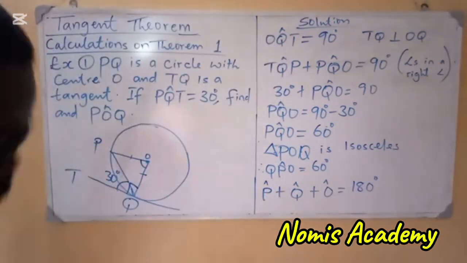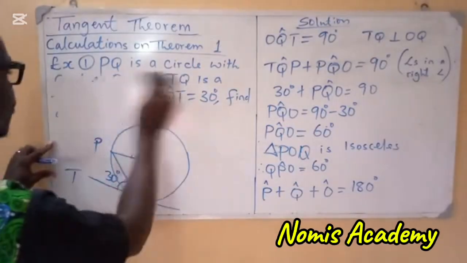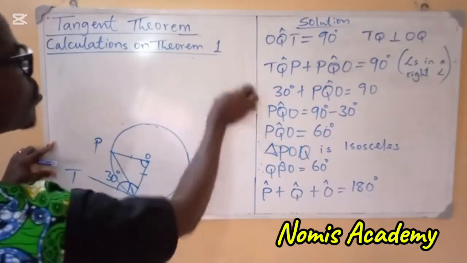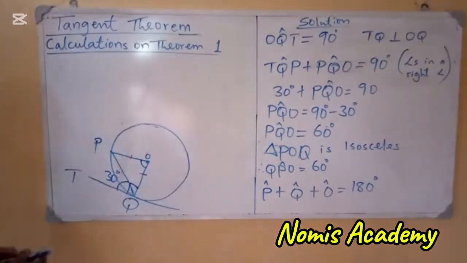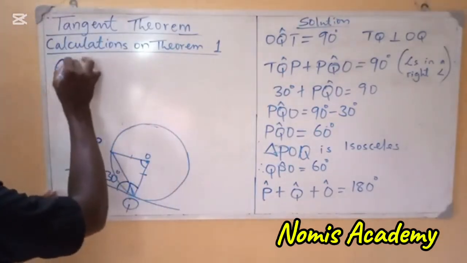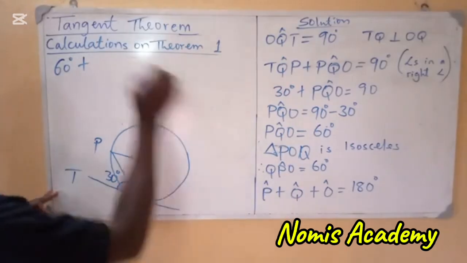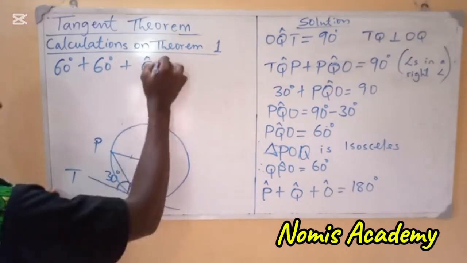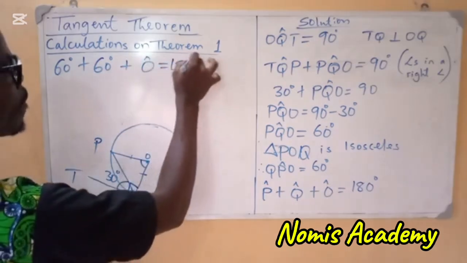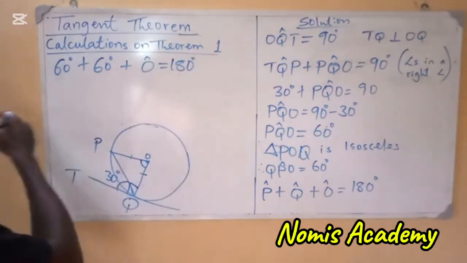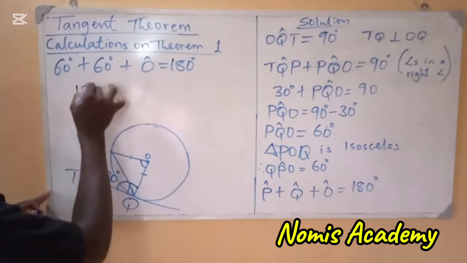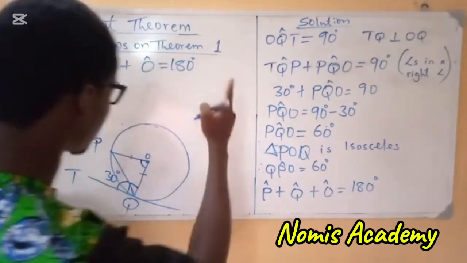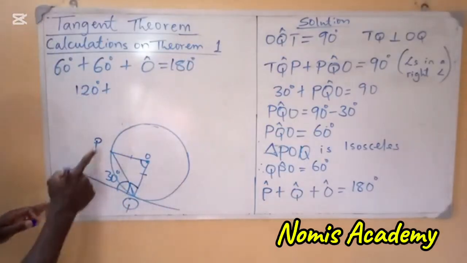Okay, so let's go to the other side of the board. Now, angle at P is 60 plus angle at Q is also 60. Then the angle at O, which is what we are actually looking for. So these two sum up together to give us 120 degrees, plus, remember, the angle at O is the same thing as what we are looking for, which is POQ.